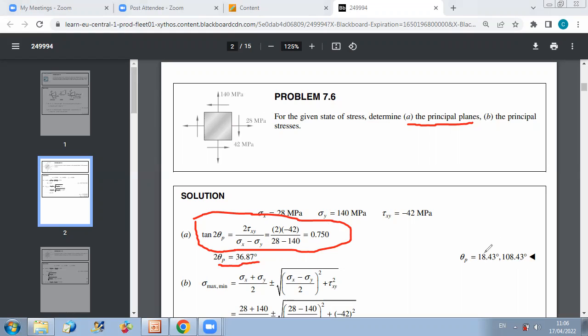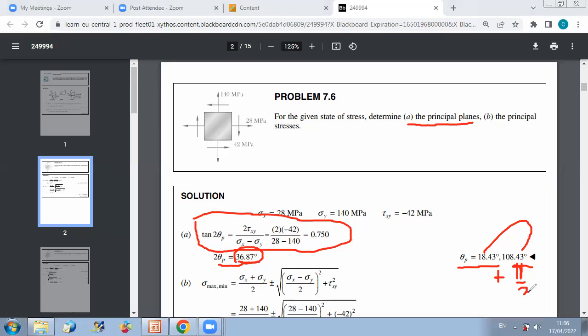As I told you, we select two values, and the difference between these two values is 90 degrees. So your calculator will give you 2 theta p equal to 36.87. You divide by 2, so theta p is 18.43 as a first solution. I add pi over 2 to get the second solution.